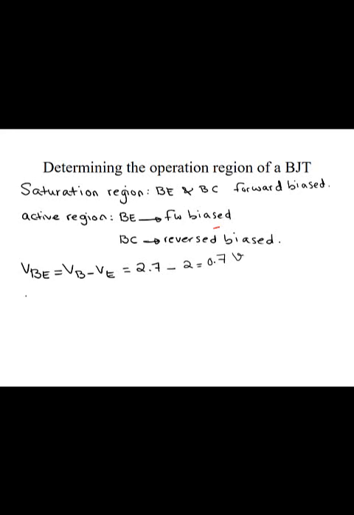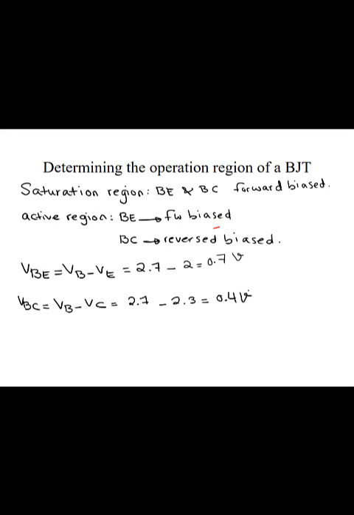And then we have to find VBC, which is equal to VB minus VC, and in this example we have 2.7 for VB and 2.3 for VC, and it will be 0.4 volt.